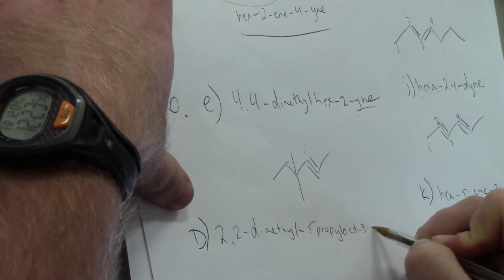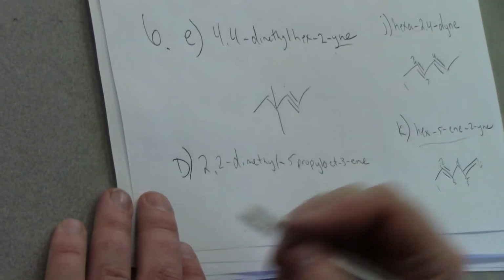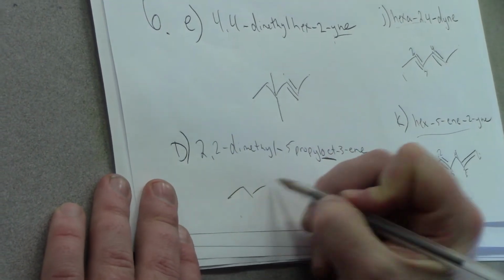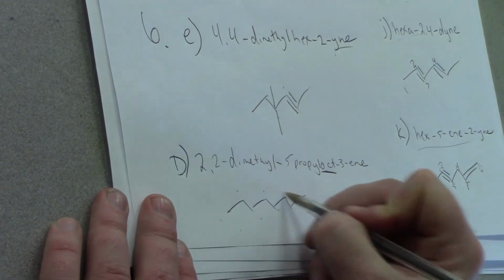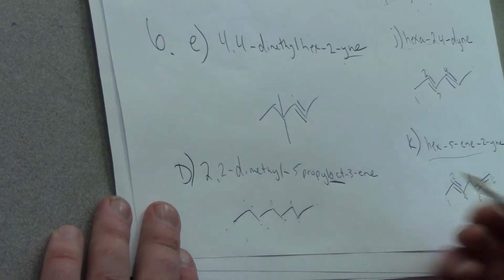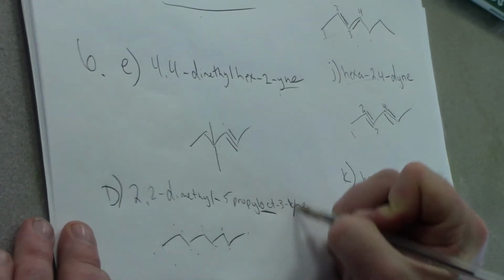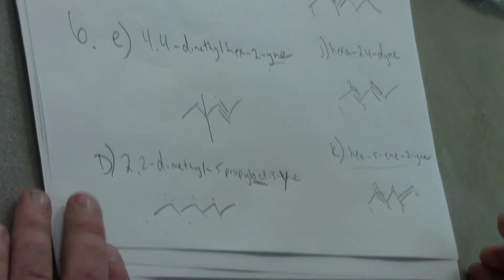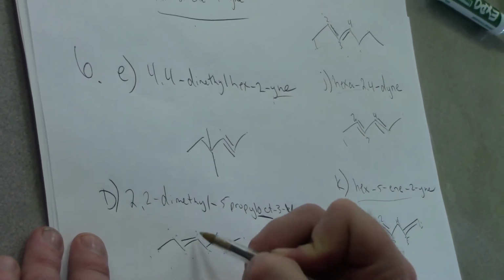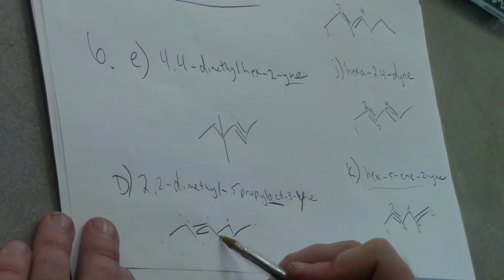Oct-3-yne. Okay, so oct, so 8. So that's 8 carbons. This is octyne, not octene, Y-N-E. So on carbon 3, 1, 2, 3, there is a triple bond. 1, 2, 3, 4, 5.